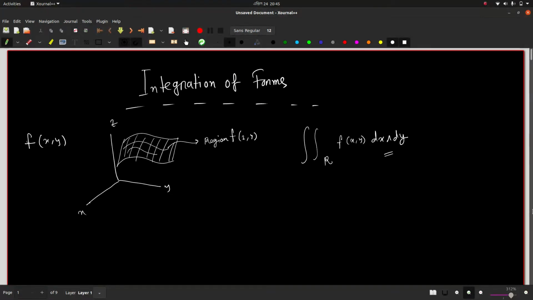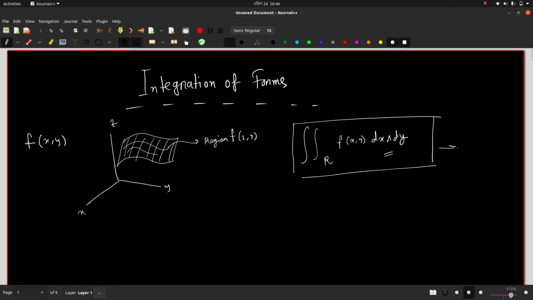Well, just like ordinary single variable or multivariable calculus, we can use the idea of Riemann summations and go along with it. However, if you look at this form over here, let's call it equation 1, it doesn't tell you much on how to handle these wedge products, because so far we have seen that differential forms eat up vectors and we don't see any vectors over here.